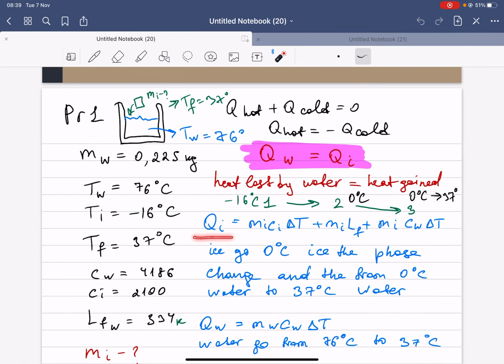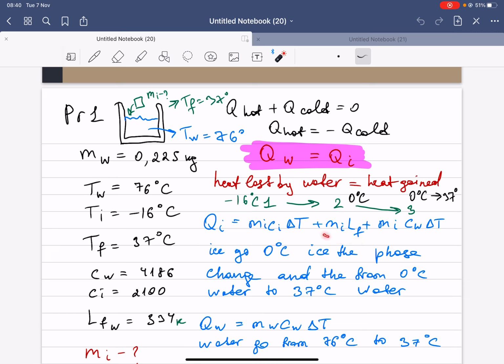So now let's look at this formula. First, ice is going from minus 16 degrees until 0 degrees in the first stage. That means mass of the ice, specific heat of the ice, change in temperature, okay? Then plus, it has to go through the phase change, where ice becomes liquid at 0 degrees Celsius.